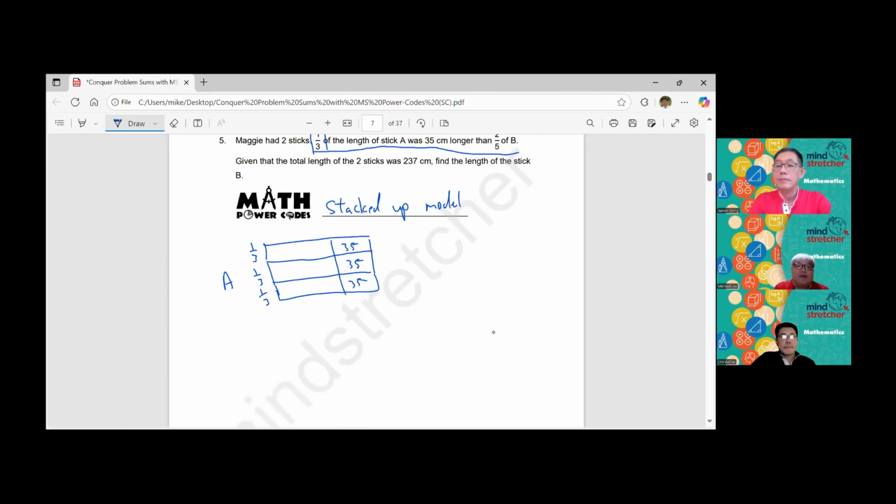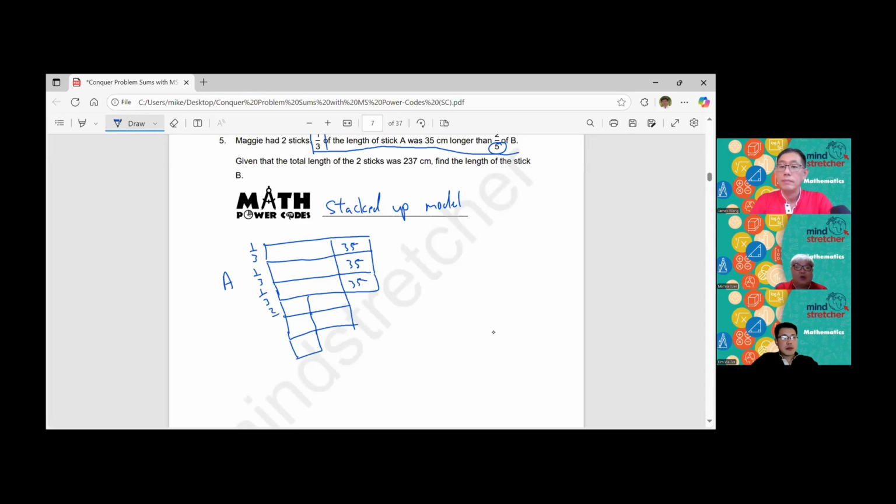And for stick B, I'm going to draw 5 units because they say 2/5. So I will have 2 units of stick B and 1 final unit here.